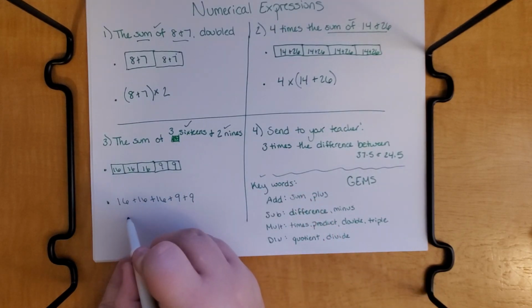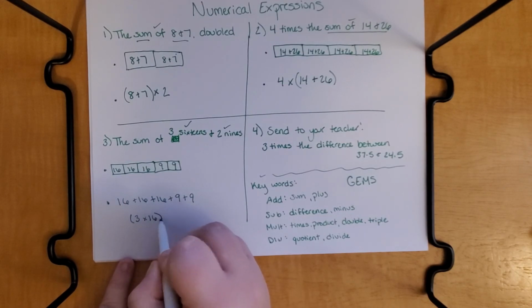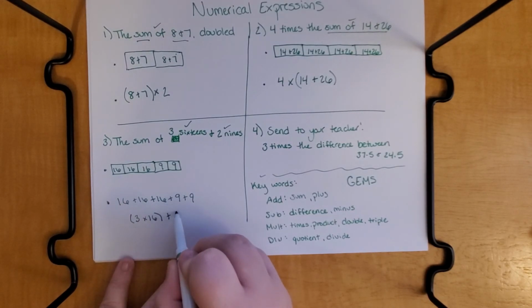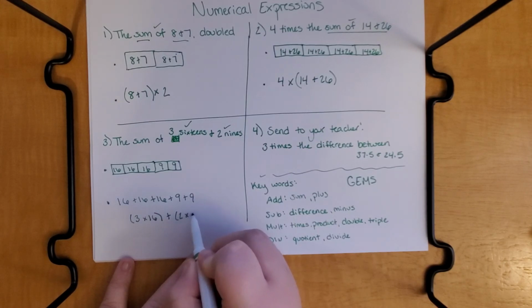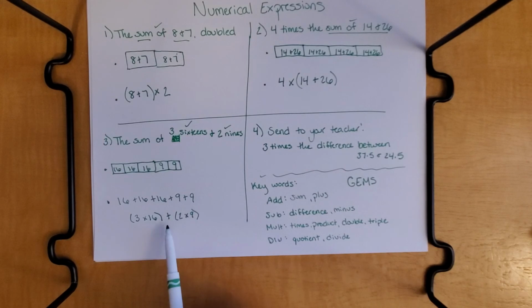You could do kind of like 3 times 16 and still add them on to 2 times 9. Could do that too. Whichever way makes you happier, because they both say the same thing. This is the sum of 3 16s and 2 9s. And so is this. Either way works.